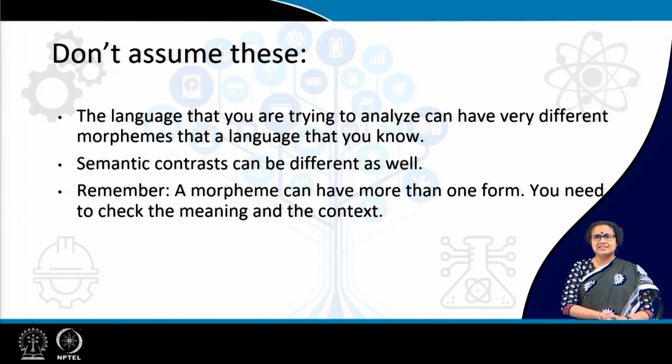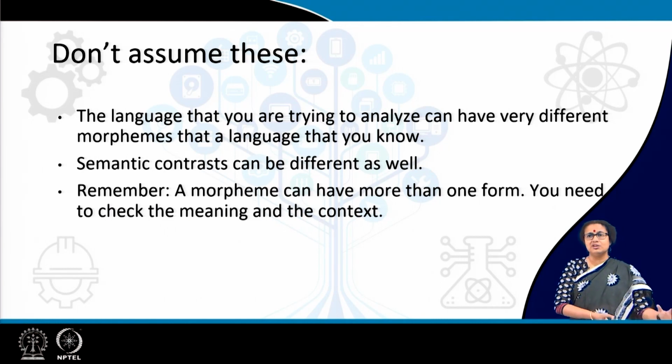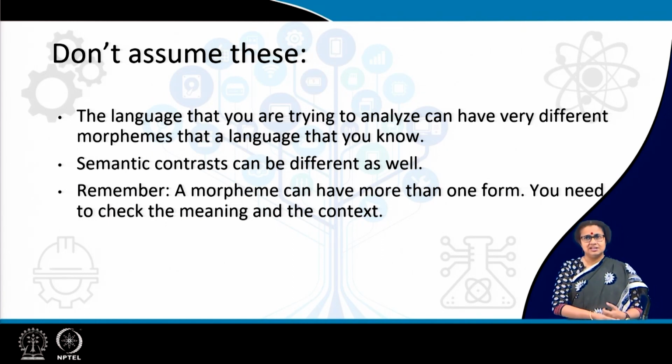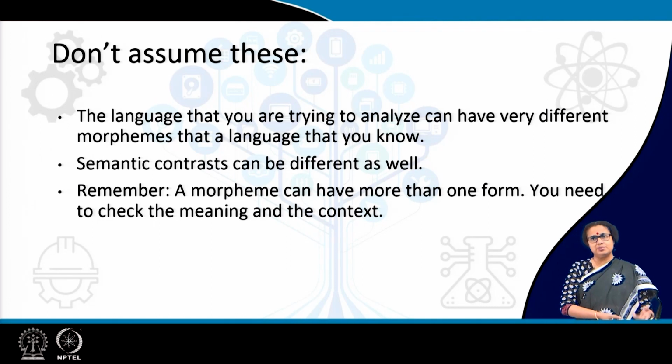Maybe certain examples are examples of allomorph in one language, but it is not at all allomorph in some other language. So, do not assume that if language A considers the examples as allomorph, language B will also consider them as allomorph.